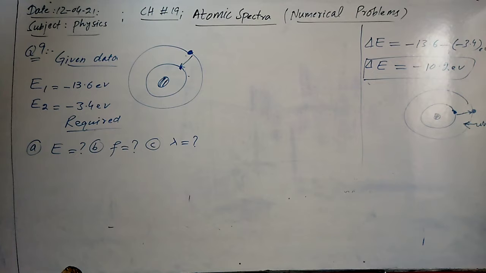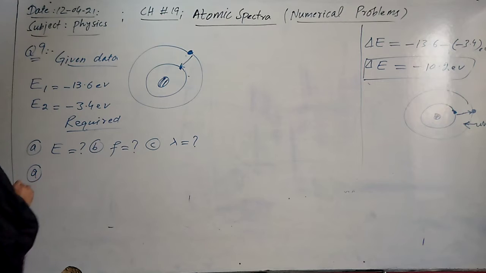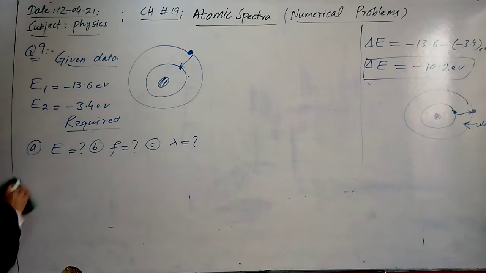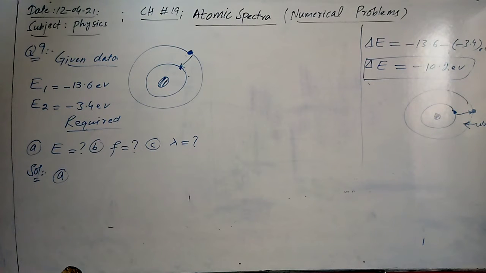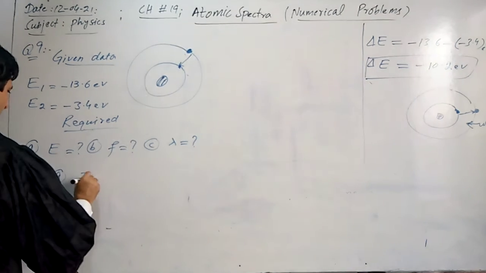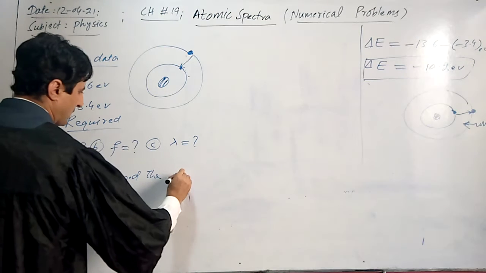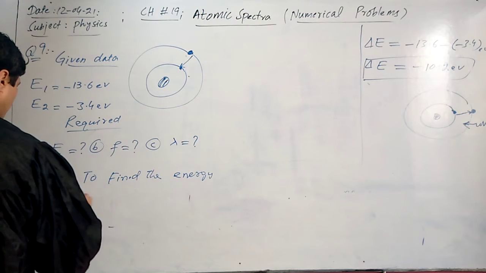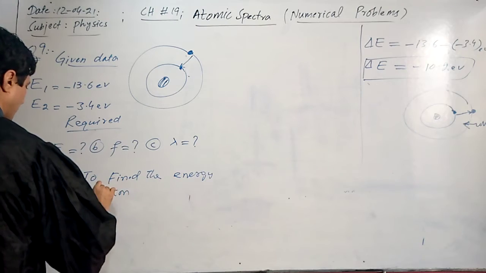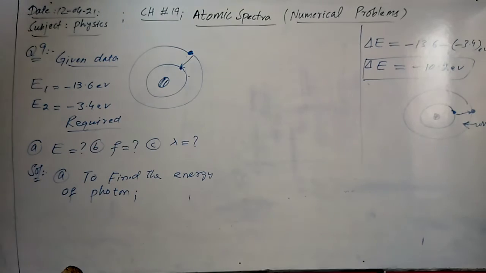So by a formula we know that, to solve option A, to find the energy of the photon, we proceed as follows.